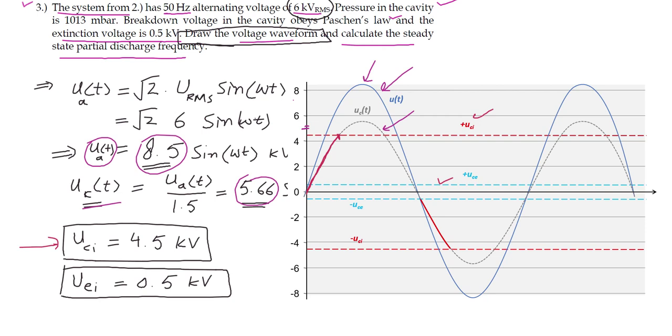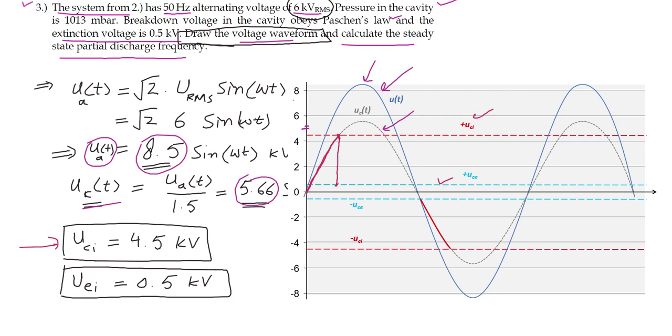As the cavity collapses, we will have a voltage drop, and the voltage will drop until it reaches the UE, or UEI, until it reaches the extinction voltage. Okay.